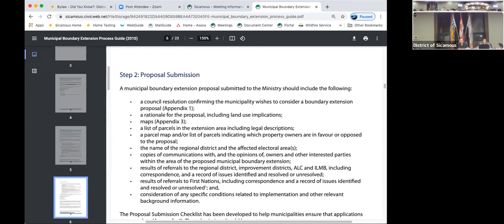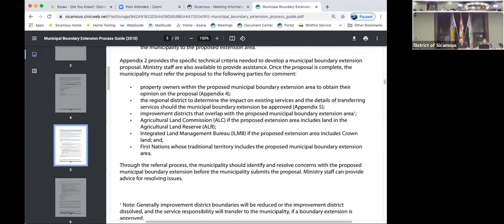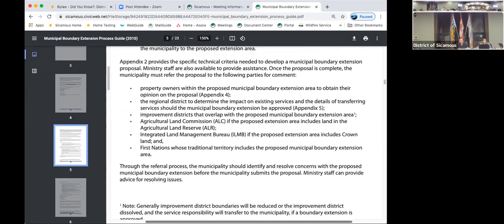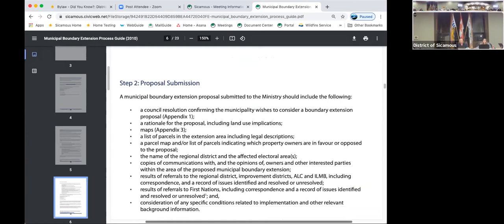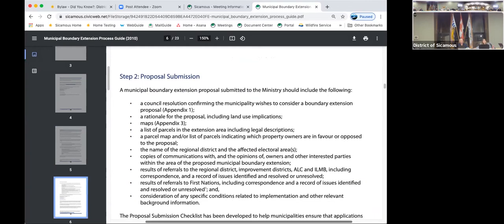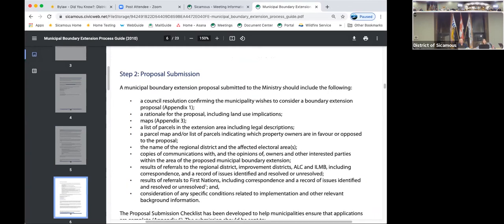Usually that's done during and after a study is complete, because a lot of detailed information comes out of the study. The ministry does provide funds to assist in a study. So it's important that a communication plan be drawn up, asking the residents of Sicamous to support the potential annexation. And then, of course, more importantly, the residents in Area E also have to be consulted.